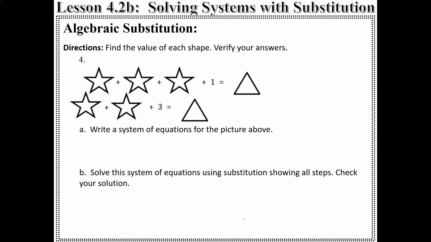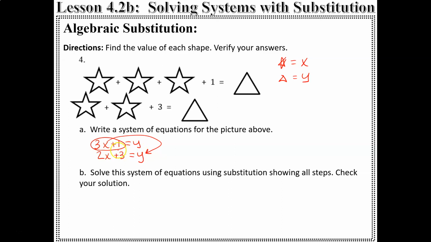All right, so I'm going to make stars x, triangles y. So I have 3x plus 1 equals y, 2x plus 3 equals y. I'm going to take one of these and put them in.